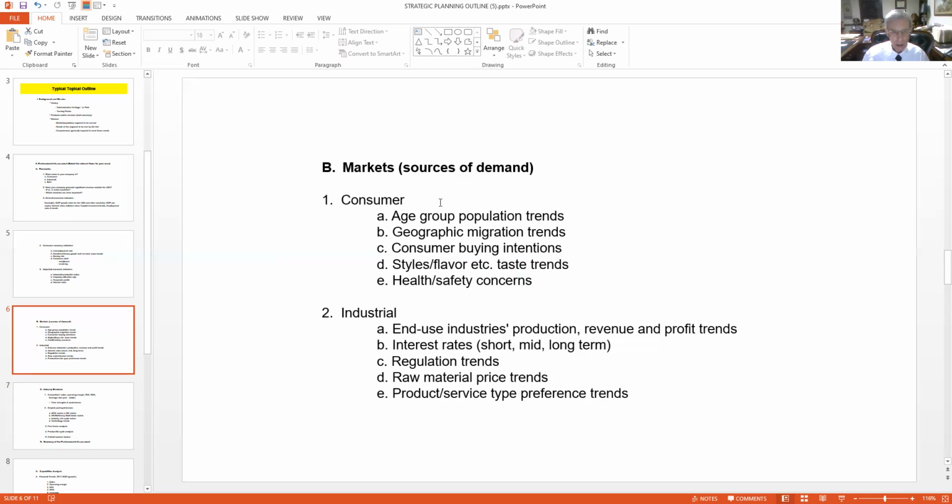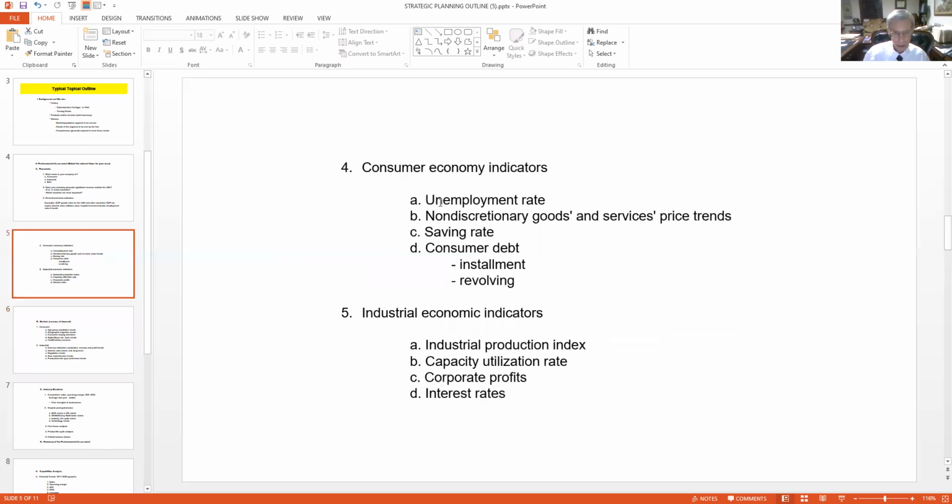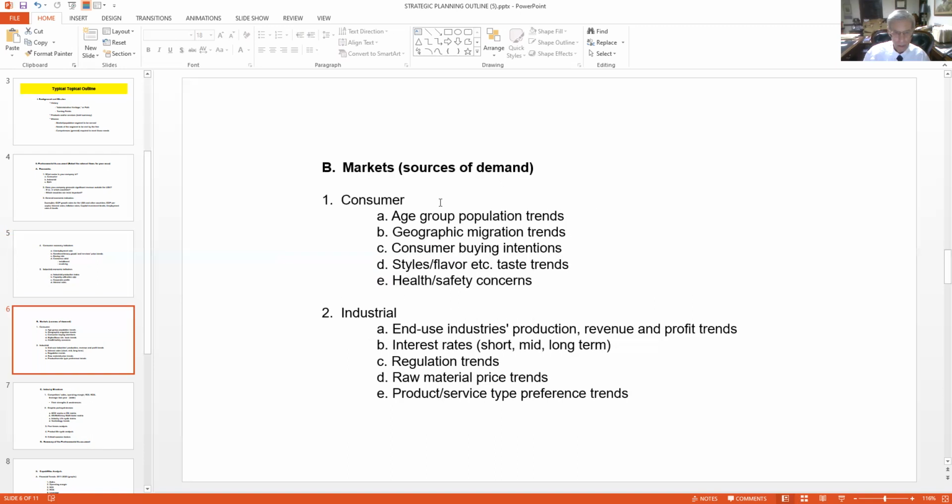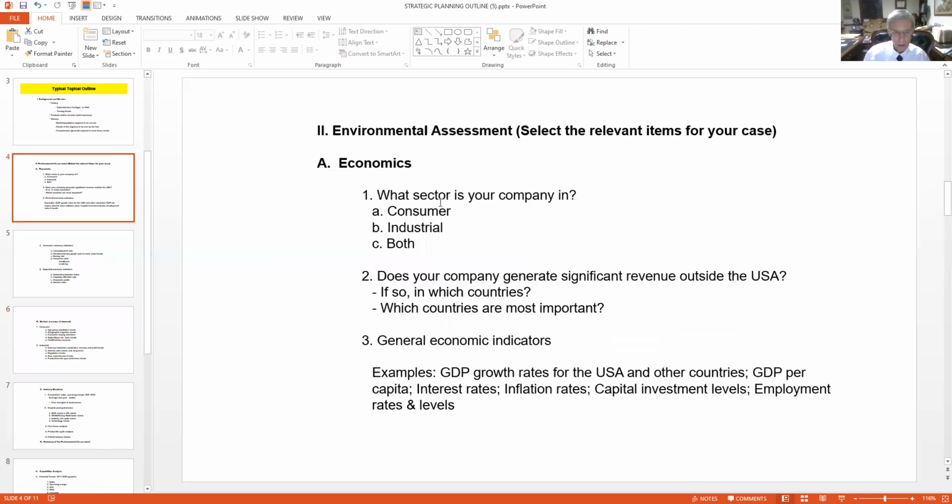Again, this plus the economic trends, and these are all just statistical trends. You get them from databases, put them into Excel spreadsheets, and graph them. So your challenge is to decide who's going to get which of these things, right? The economy indicators, the market indicators, and so forth.